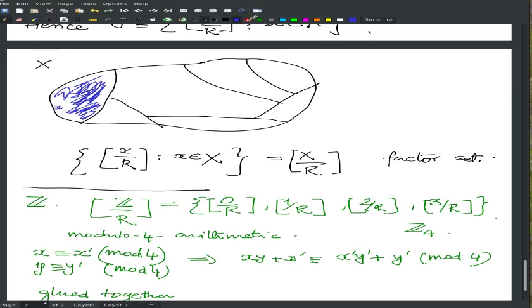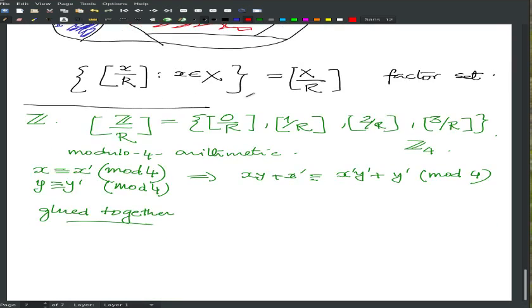Then another is glued together into one. All of them are glued together into one to give another of them, and so on. Okay? So this is often the case. Here is a very nice way to motivate this.